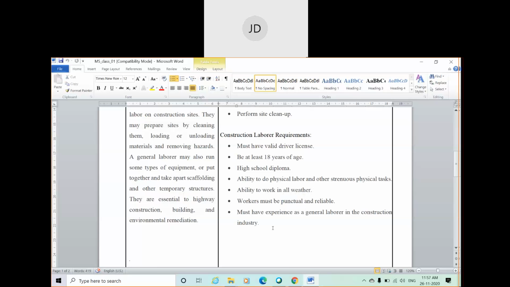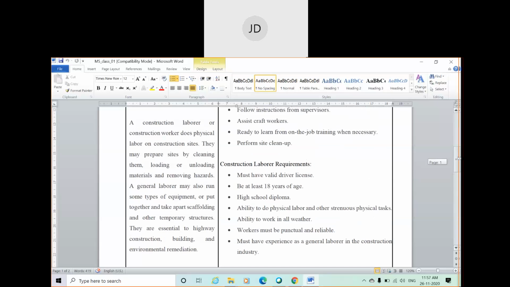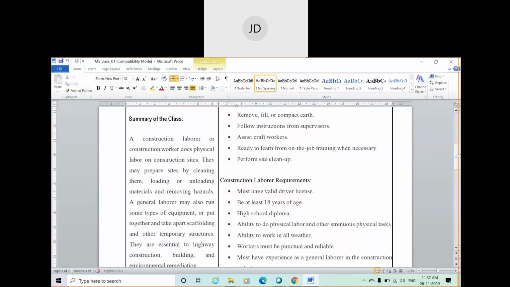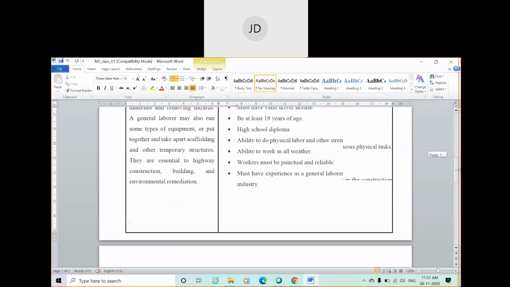It is preferable. It's not like everyone must be experienced, but in some cases it is preferable to hire experienced labor. So you can get some idea about the labor requirements.